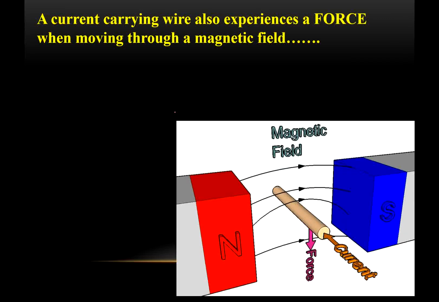So for example here, if we have a current flowing through a wire through the middle of a magnetic field, shown by these two bar magnets, there's going to be a force on that wire.